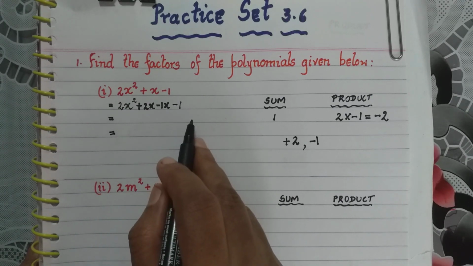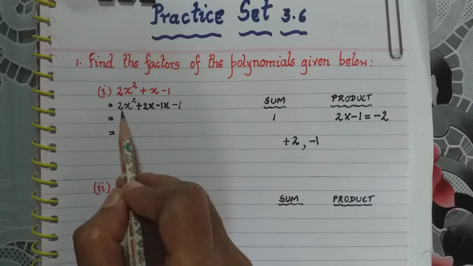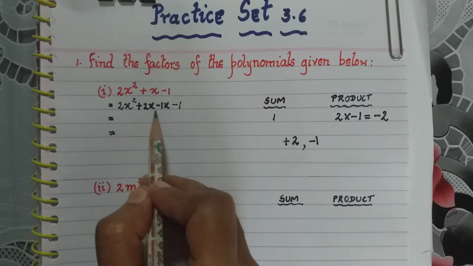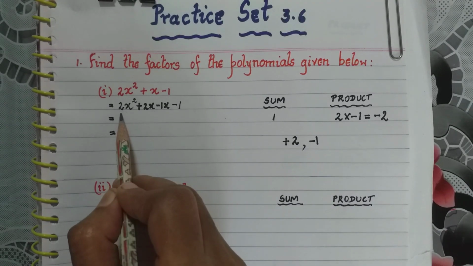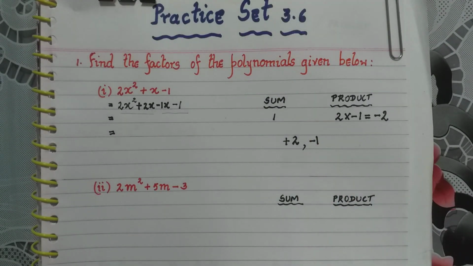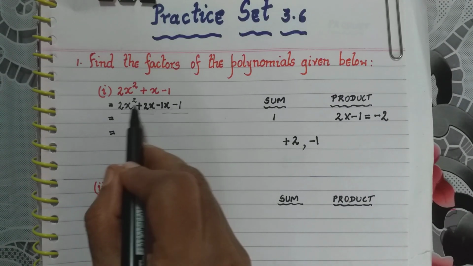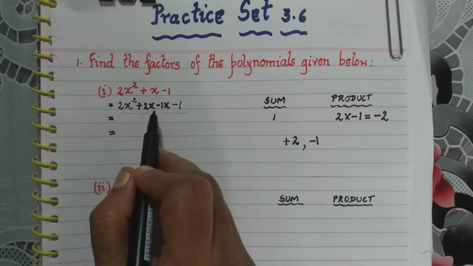Now what is the next step? In the next step you will see I will take two terms at a time. You can see here now I have 1, 2, 3, 4 terms. I take two terms at a time, these two terms and these two terms together. I take these two terms and I see what is common among both of them.